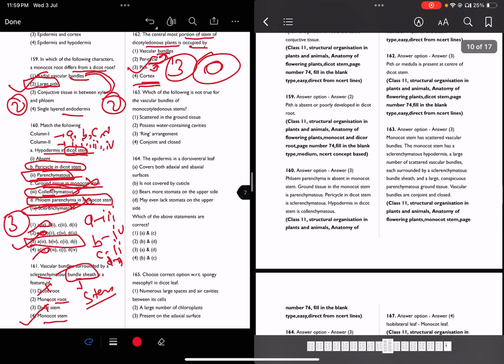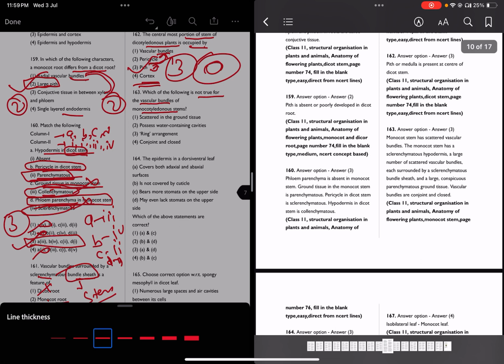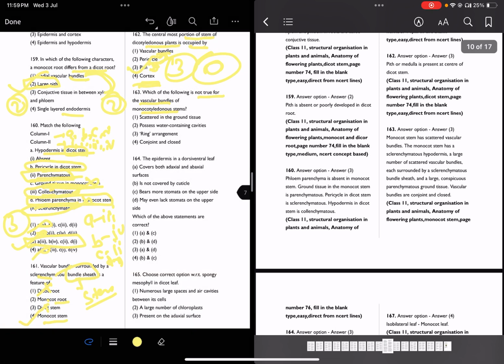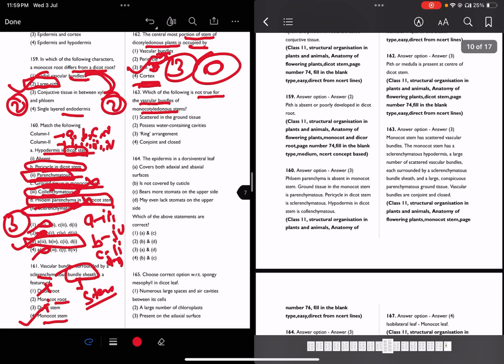Which of the following is not true for the vascular bundle of monocot stem? First, we should highlight monocot or dicot. Here it is asking about monocot, so highlight monocot stem.